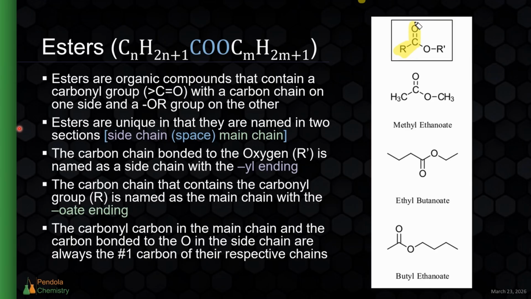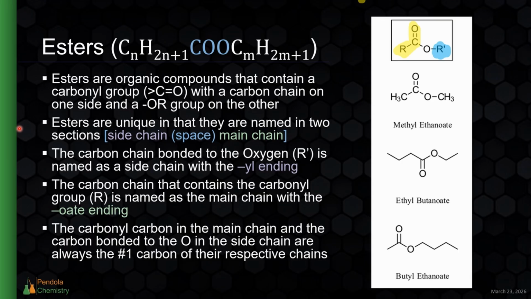So the carbon chain that comes into the carbonyl, and then we have the oxygen carbon chain, the one that's attached to the oxygen that's attached to the carbonyl. So with these, it's actually kind of difficult because we are going to have multiple parts to the name. And there's actually a space in this one between the 2 names. So we're going to have the side chain.